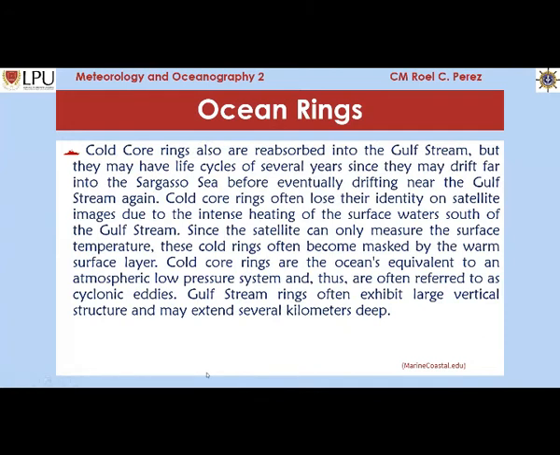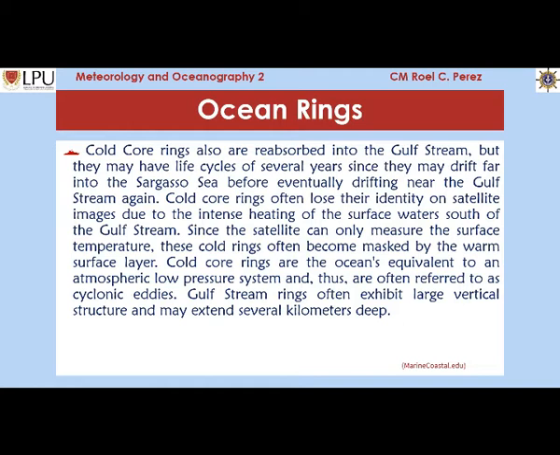Okay, cold core rings also are reabsorbed into the Gulf Stream, but they may have life cycles of several years, since they may drift far into the Sargasso Sea before eventually drifting near the Gulf Stream again. Cold core rings often lose their identity on satellite images due to the intense heating of the surface waters south of the Gulf Stream.